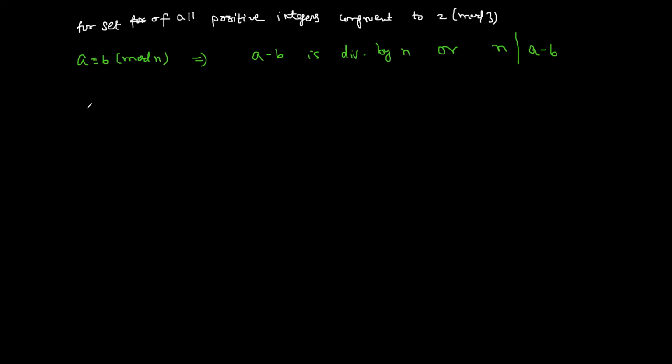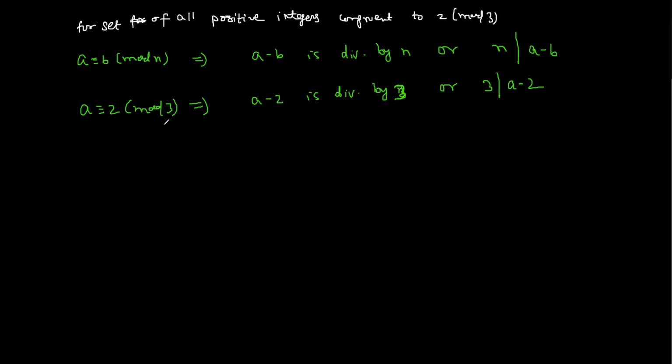So you can say a is equal to 2 mod 3. A minus 2 is divisible by 3, or you can say n is 3, 3 divides a minus 2. Understood?